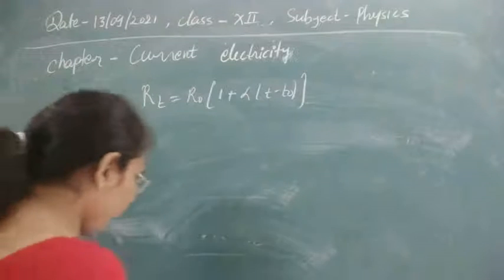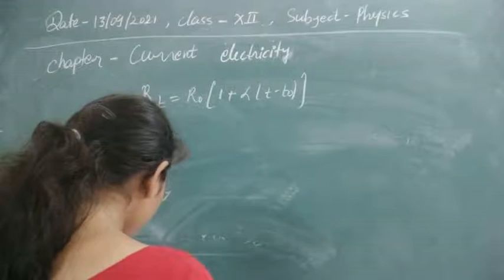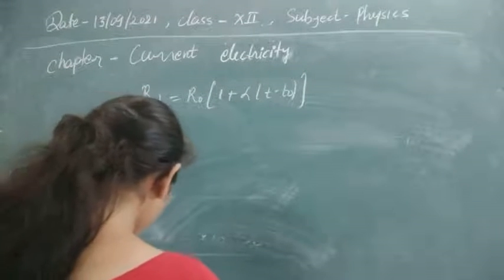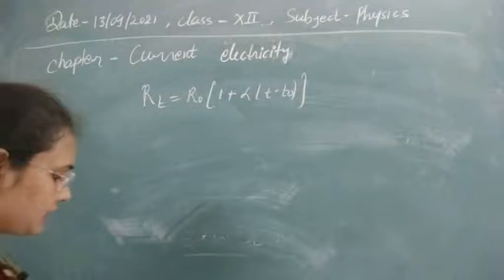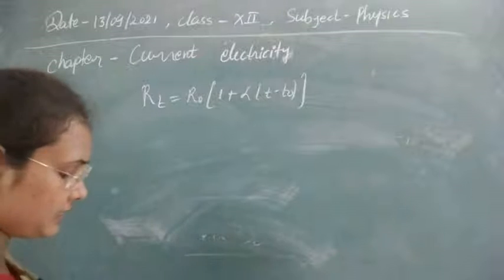Now let's see for the first one. If we have 20 degrees Celsius temperature, then at that time the resistance is 20 ohm, and at 500 degrees Celsius it is 60 ohm.